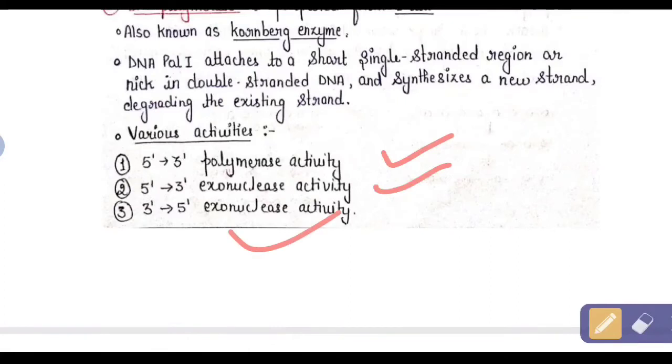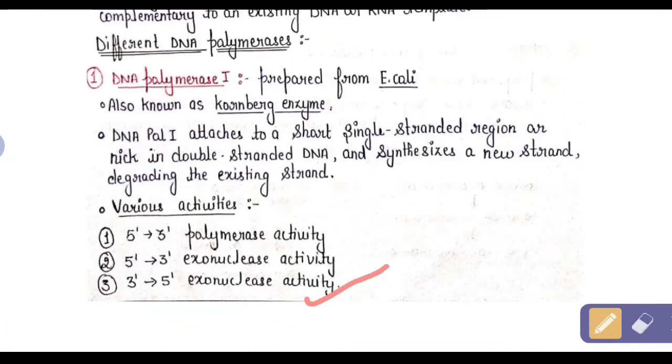Then it has 3' to 5' exonuclease activity, which basically works as a proofreading activity, because whenever there is some mispairing between the base pairs, this activity is going to remove those mispairs and correct the mispairing.